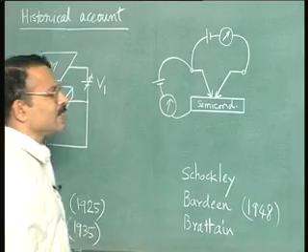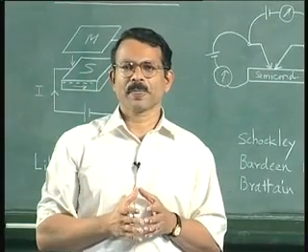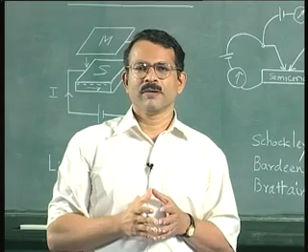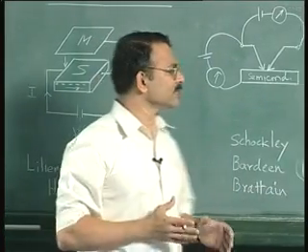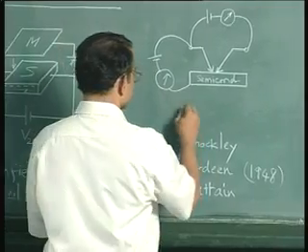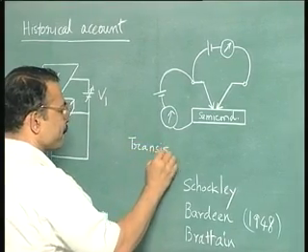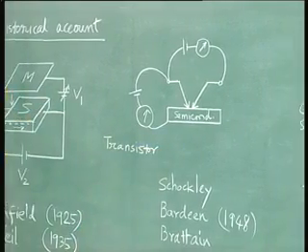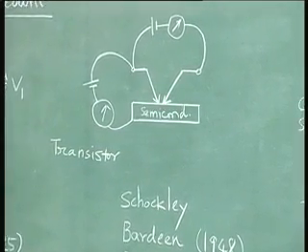They immediately realized that this is some kind of a solid state triode that they are looking for. We will see in a detailed discussion why this device was called the transistor. We will understand this when we take up the transistor action in detail.